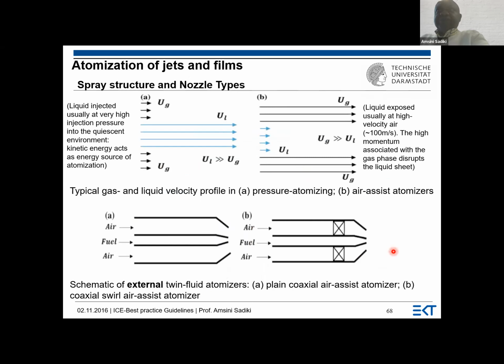I sum up again. We have seen this yesterday, and this is what we have seen today. We have this twin fluid atomizer: the plane coaxial air assisted, and here we have swirl assisted.